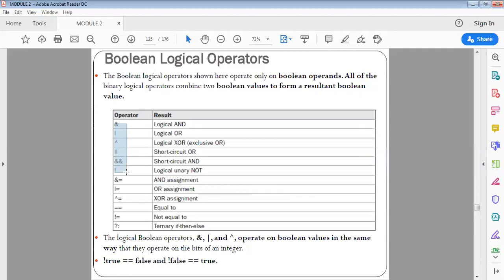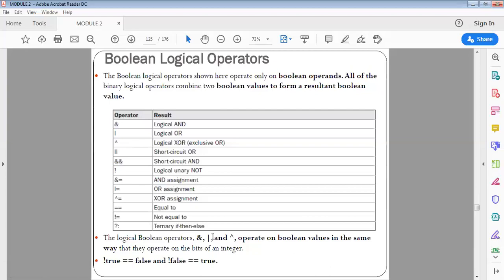Next you perform assignment operations: AND assignment, OR assignment, XOR assignment. Then you will get equal to, not equal to, and ternary. Everything you will be very familiar with, but you should be familiar with these two concepts, the short circuit and assignment operators. This one you are not familiar with, and it will be discussed in detail here.